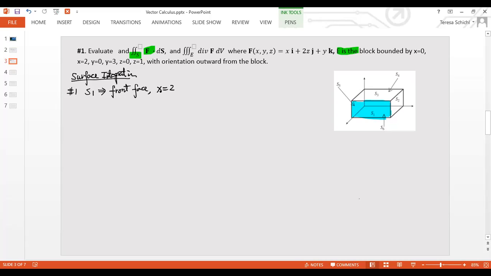Remember, right now I will do the surface integral over S1 of this vector field dot dS.